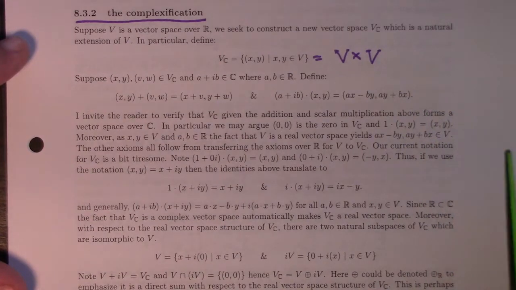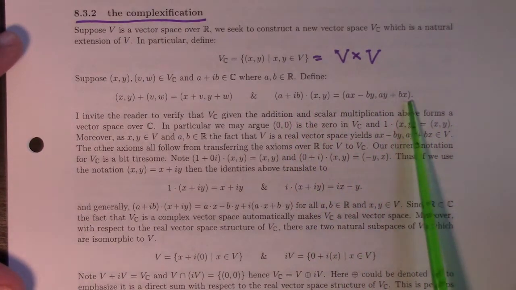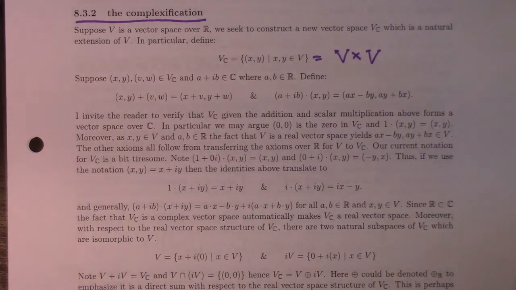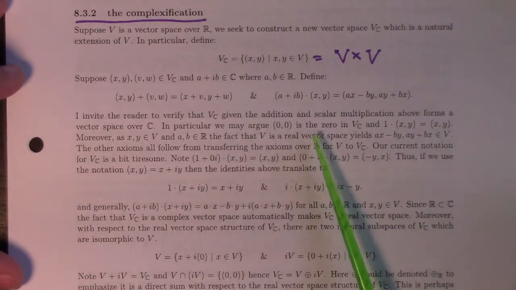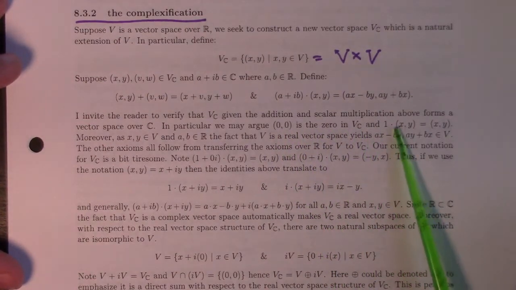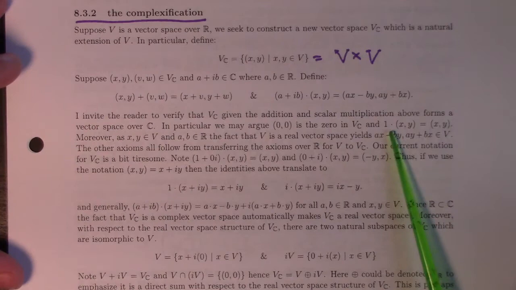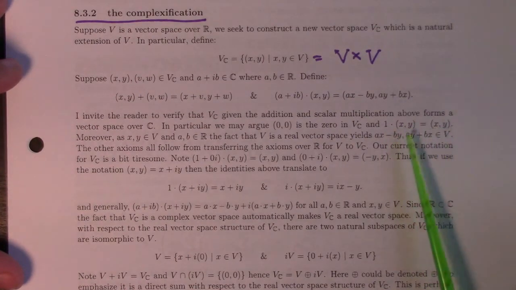And you can verify that this definition of scalar multiplication by a complex number does satisfy the needed axioms for a complex vector space. In particular, you can show that (0, 0) is the zero in the complexification, and if we look at 1 times (x, y), we get (x, y) again.